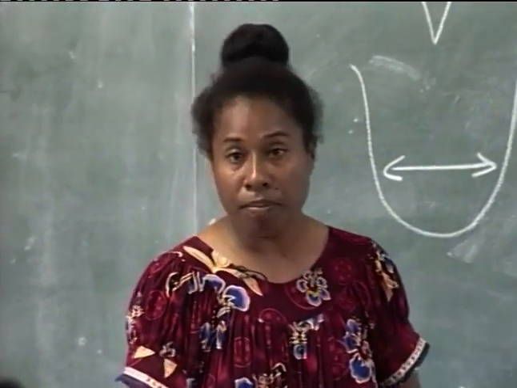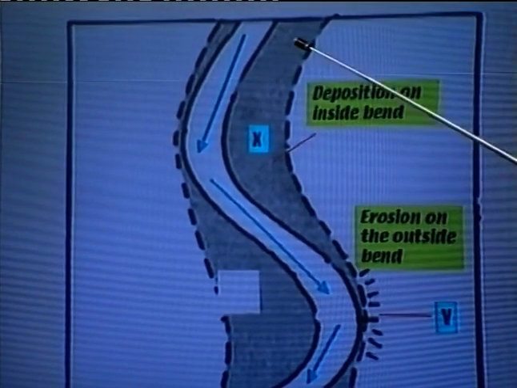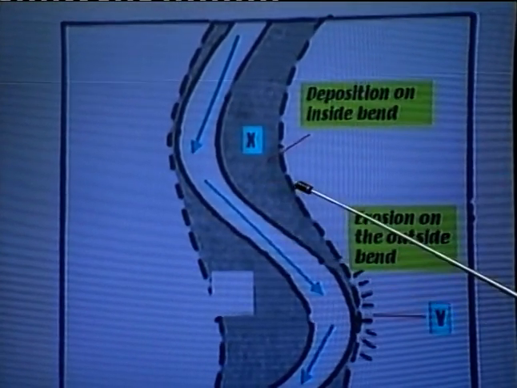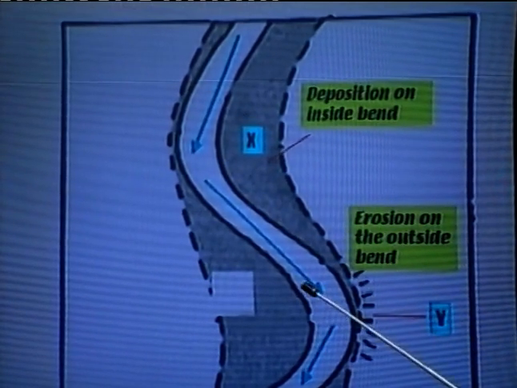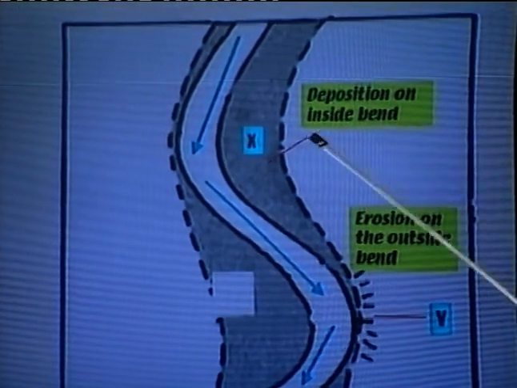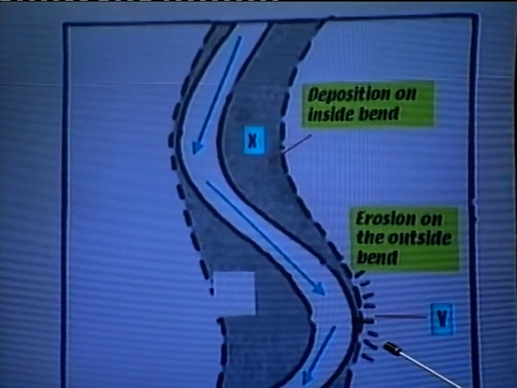We continue. You remember that diagram that I was asking you to make reference to, especially the shaded area. Here, you will note now that the area gets to be widened. There is more now to the widening of the shaded area. The X representing the depositional bank and the Y representing the erosional bank.